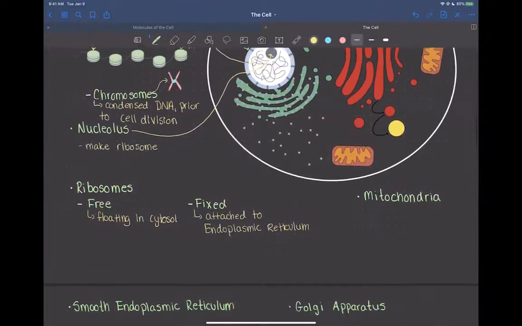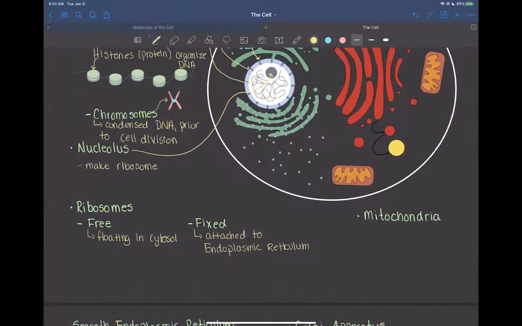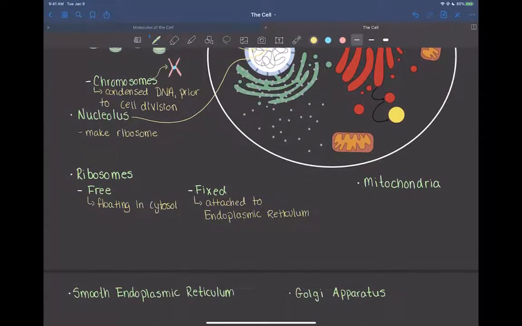Okay, so ribosomes, their job for both of them, whether they're fixed or free, is to make proteins. What's different between the two is the type of protein made by each.